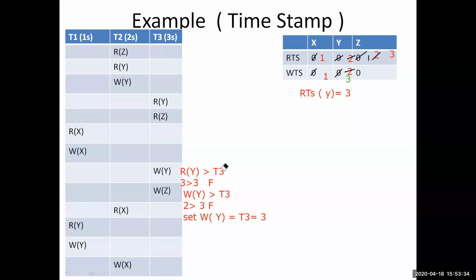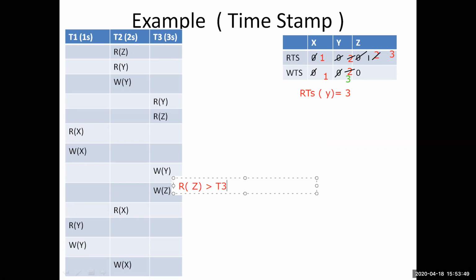Next operation is W of z. For this W of z, I need to check two conditions again as it is a write. So read of z, is it greater than T3? Read of z right now is 3. Is it greater than 3? Answer is false. Another condition is write of z greater than T3?